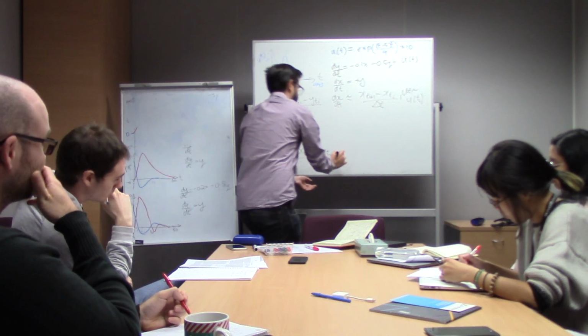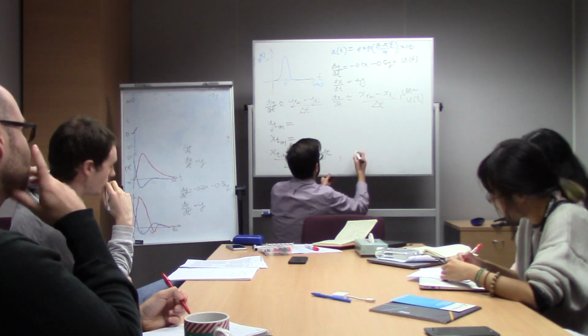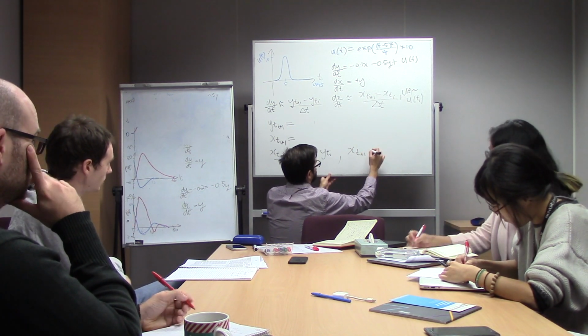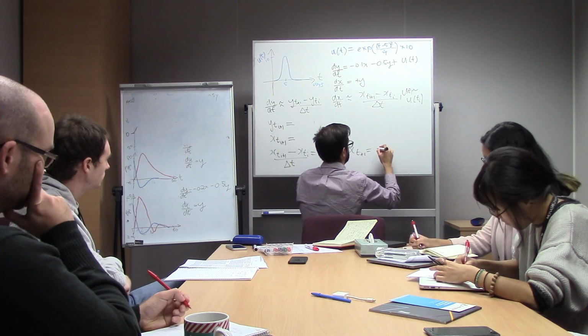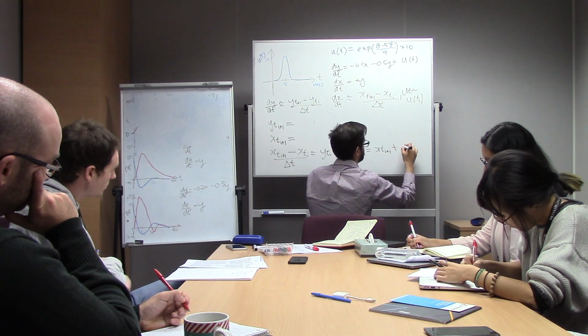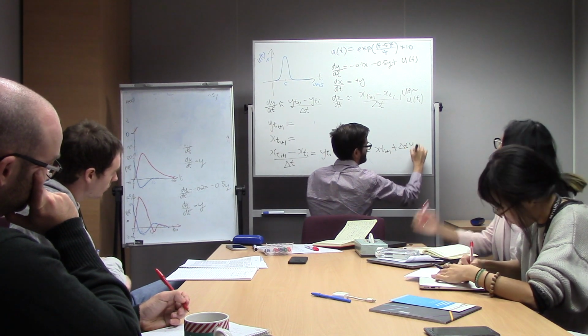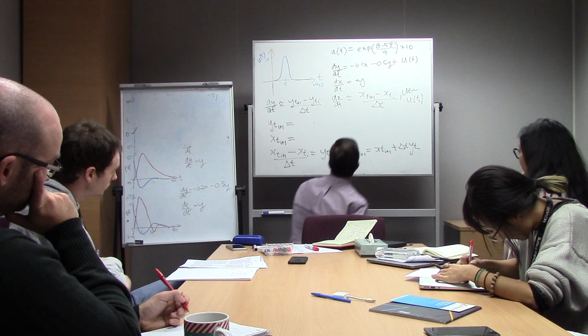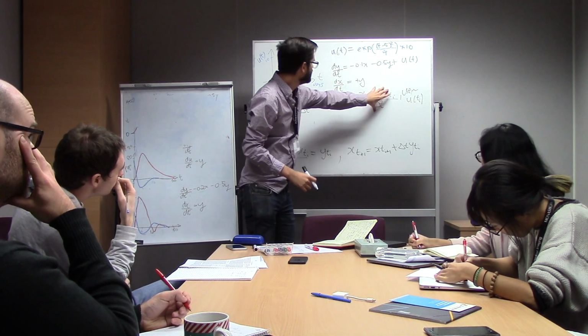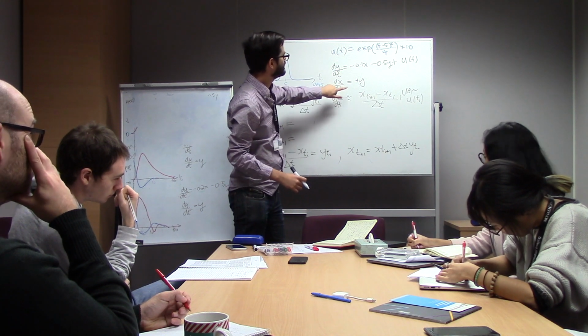Then we can rearrange and put delta t across to the other side, and it ends up with this one here: equals x of t_i plus delta t y of t_i. So what I did was substitute this term into this equation again.